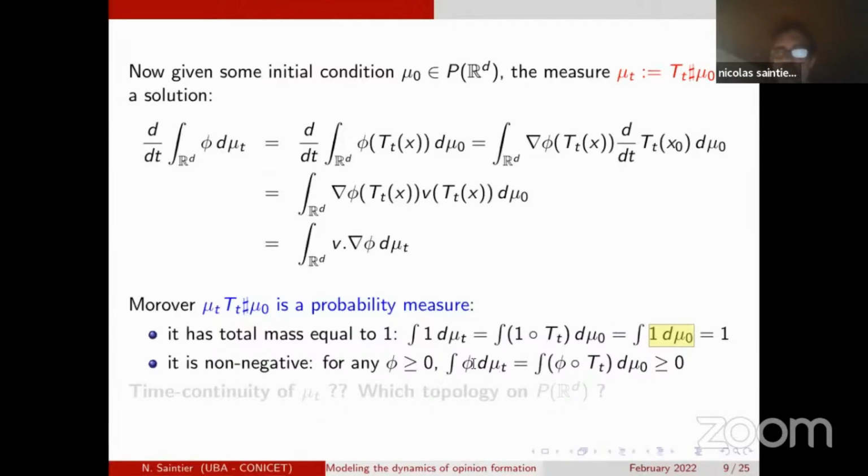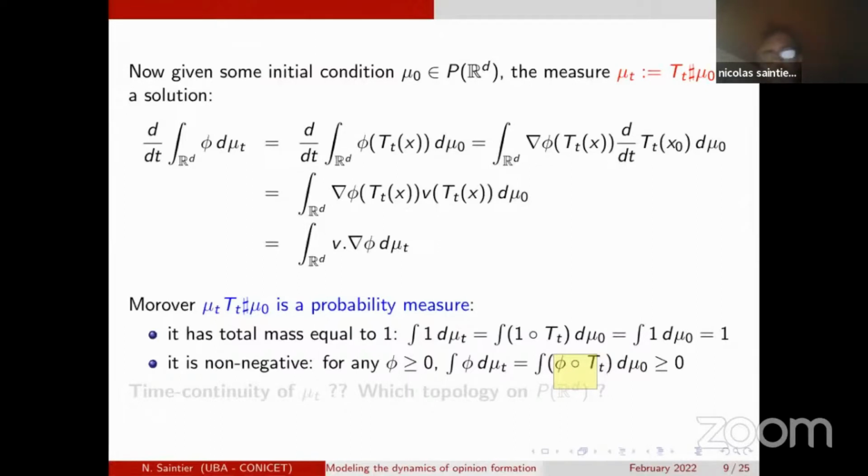And to check that mu t is non-negative, it's easy. I just have to check that the integral of mu t against any non-negative function phi is itself non-negative. And again, this is obvious. We just use the definition of the push forward, and mu naught is a non-negative measure. This function here is non-negative because phi is non-negative, so my integral is non-negative.